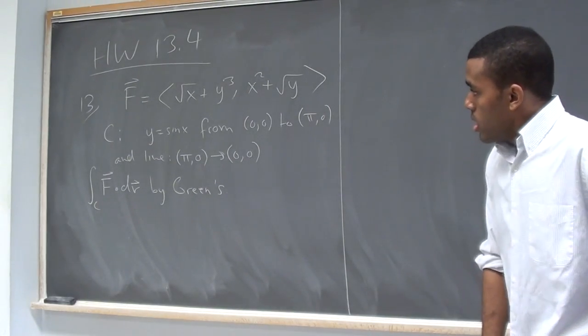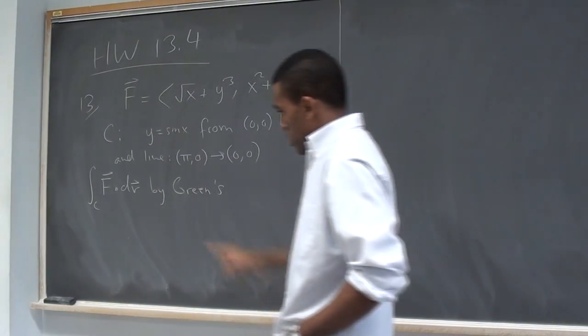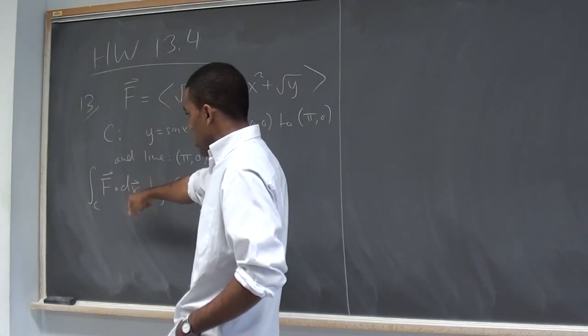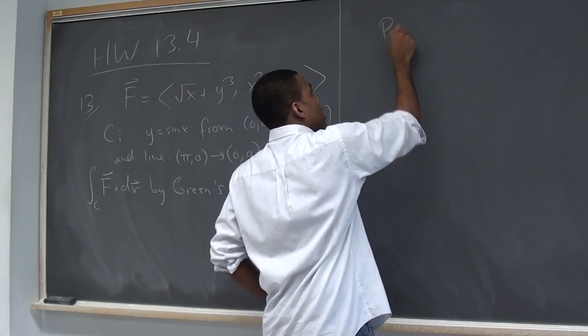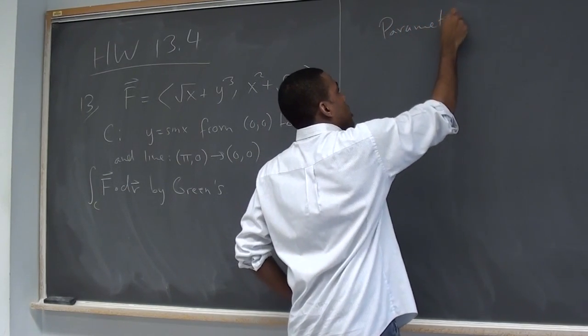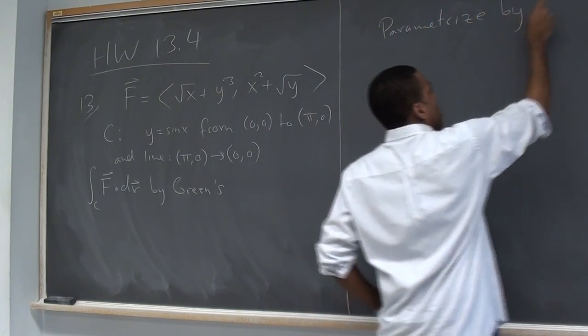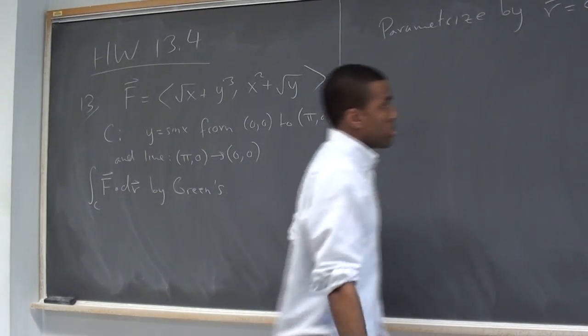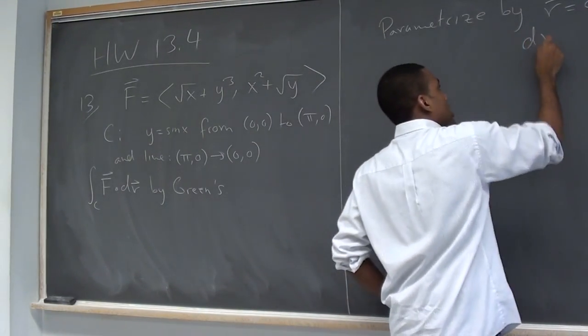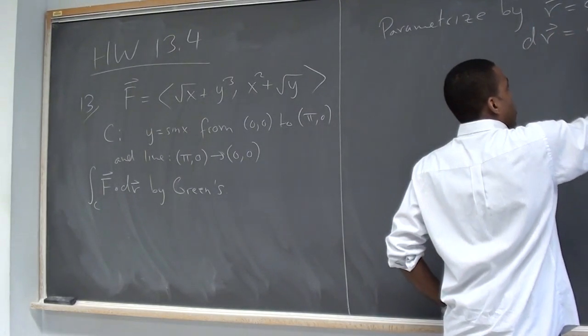Yeah, so the idea is this was back in 13.2 when I actually spoke about this, and I said that if you parameterize by the canonical parameterization r equals xy, you're supplying a point, then that means your dr would be dx dy.